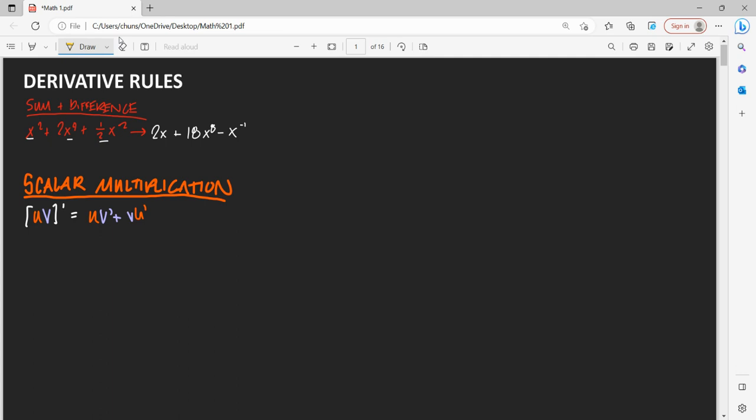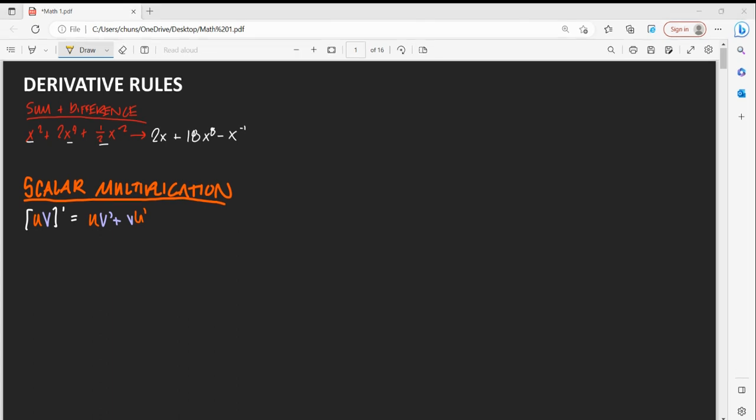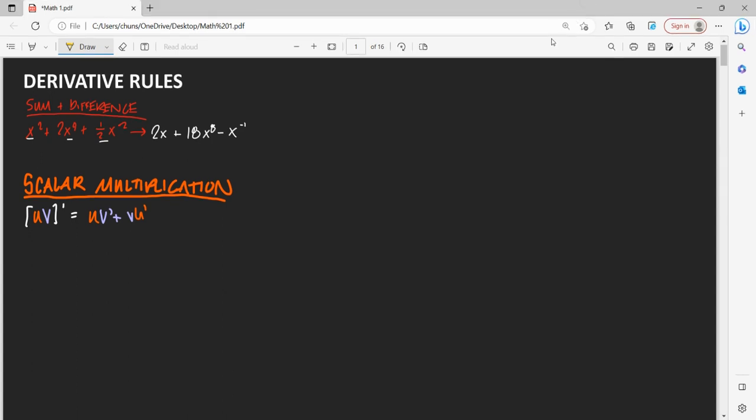Okay, so we will not be dealing with quotient rule for this kind of math, thankfully. So that's going to give you guys a bit of a break. But in its place, we have some different kinds of multiplication rules. So next we are going to be taking a look at dot product rule.